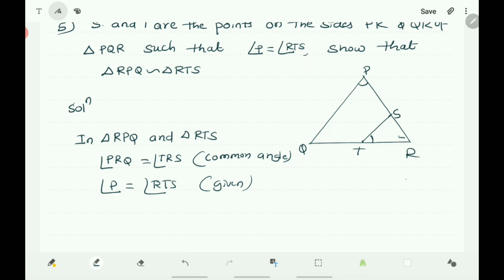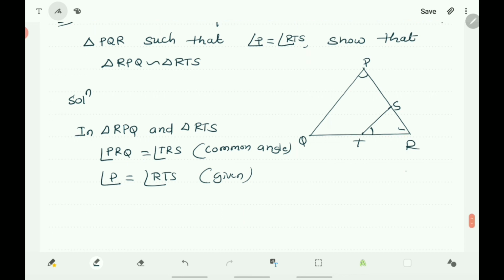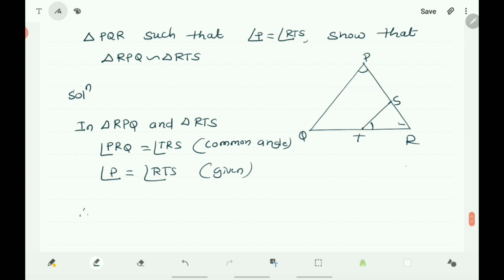So here you got AA. Directly you can write, therefore triangle RPQ is similar to triangle RTS according to AA similarity criterion.